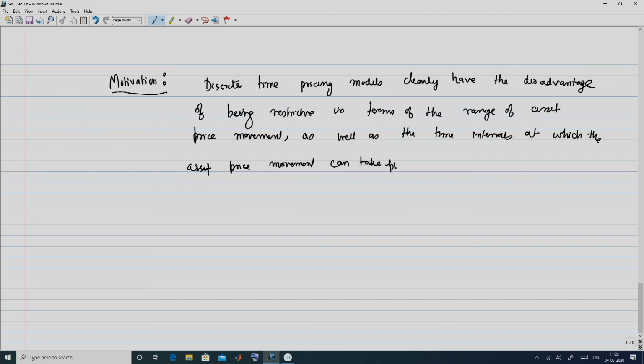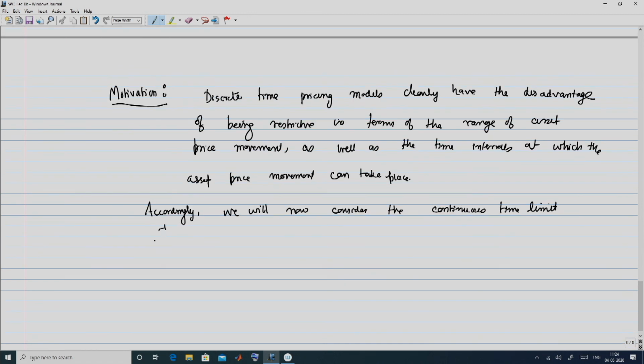So, accordingly, we will now consider the continuous time limit of the binomial model.